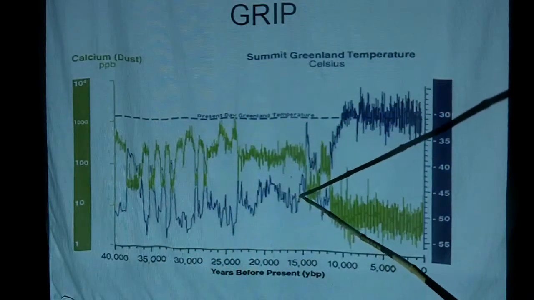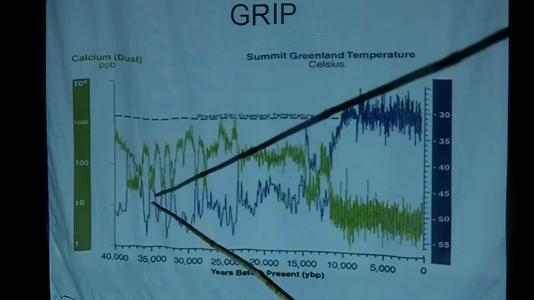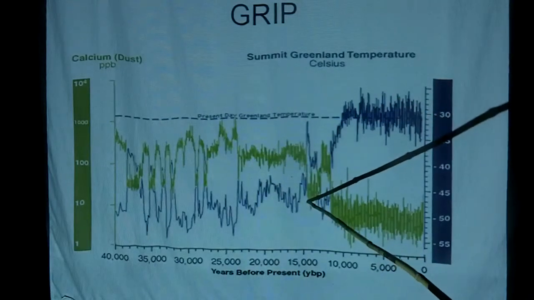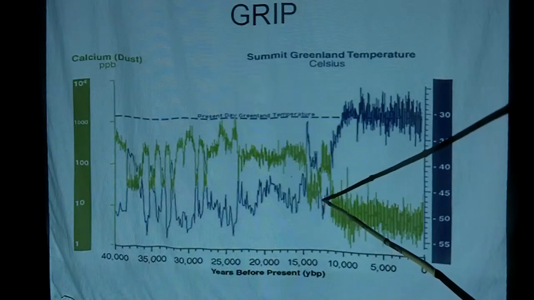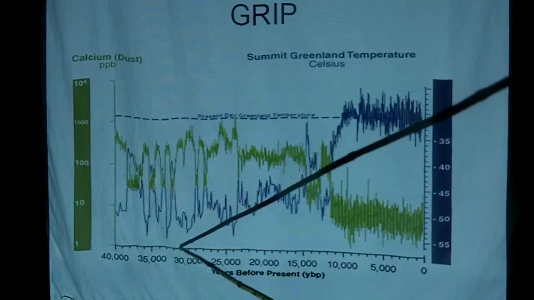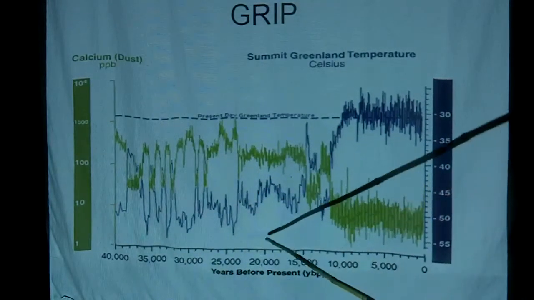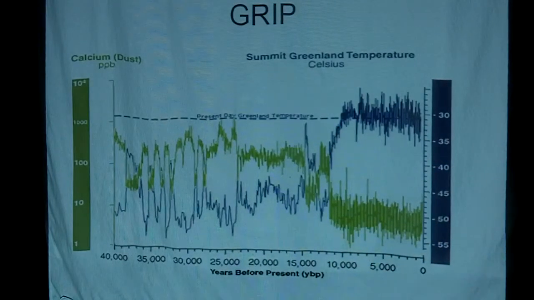And then here's another 10,000 years where it stays 200 or 300, and then drops down briefly. And then here's the last cold snap before it warms up. And then when it warms up, then the calcium content varies from 5 to maybe 12 ppb.